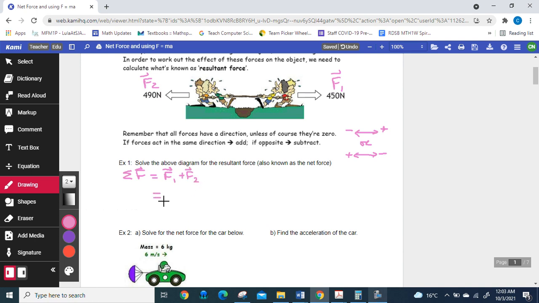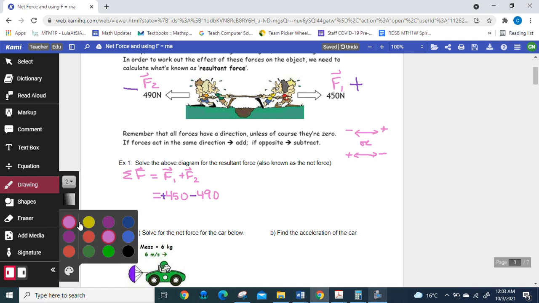And when I'm adding those vectors together, I'm going to put in their magnitudes, but then I have to account for their direction. So if I'm going to make this way positive and this way negative, then that means I have a plus 450 and a minus 490. Add them up and you end up with a minus 40 newtons.